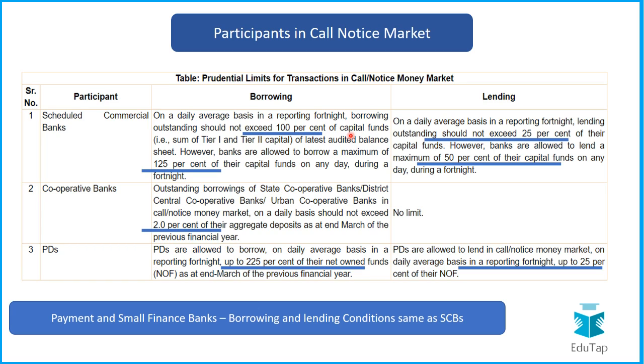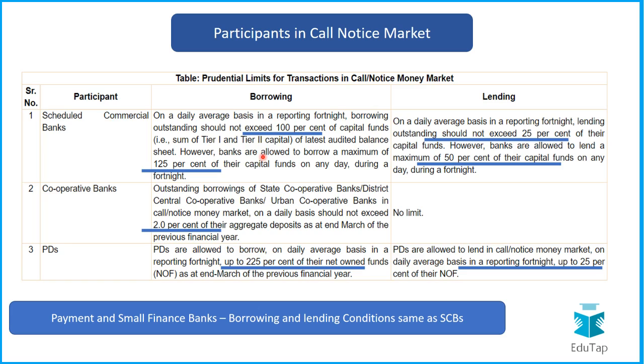Capital funds means your shareholder equity plus your debt, right? So basically, on average, for a single day, they should not be borrowing more than 100% of their capital funds, and capital funds is basically your shareholder equity plus debt in simple terms, though this is a very complicated term, but we need not go into that, right? So this is on an average basis for 15 days because this is calculated every fortnight.